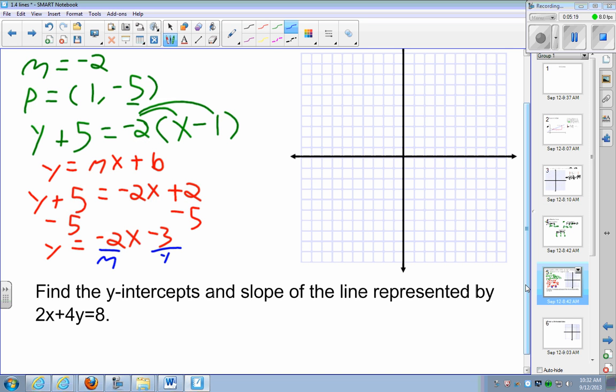So we can count down negative 3, the y-intercept, and then we're going to have a negative 2, so we're going to go from high on the left to low on the right. So we'll go down 2, another 2, another 2, and we'll go up 2 to the left, and so on. Okay, and so we graph it.